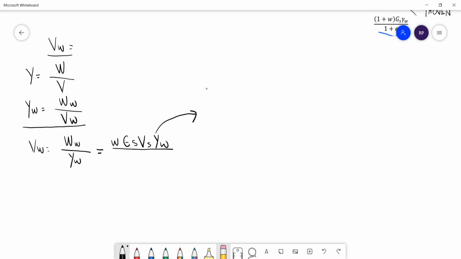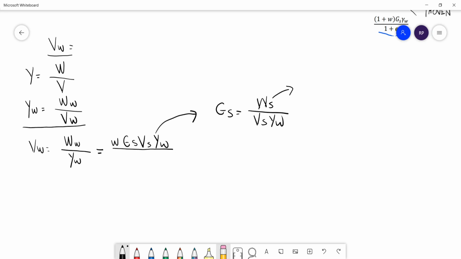Punta tayo dito. Mula sa definition natin ng specific gravity, we will have your WS all over your VS YW. Okay? So with that, transform muna natin to into WW.